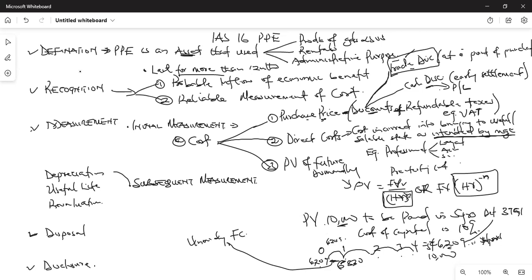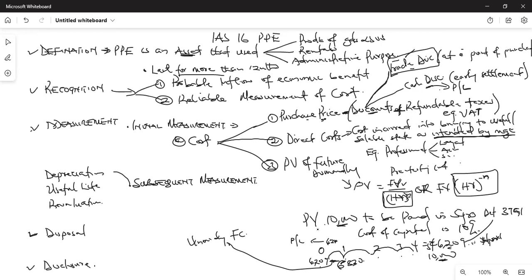So you round it up. That 621 will become the unwinding, which will be treated in the P&L. All right. Then you do 10%. When you do it correctly, you should have your fifth year equal to the 10,000 exactly.